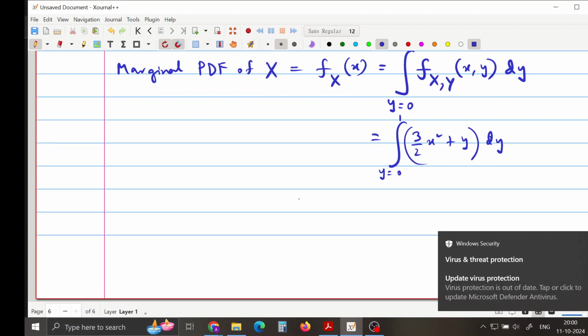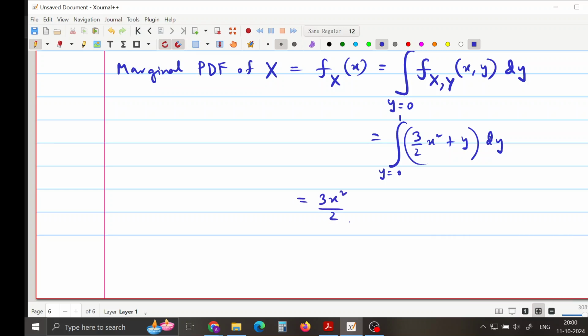And this gives you, so we are integrating with respect to y, so all x terms are constant that we can bring outside, and I can split this sum into two integrals.